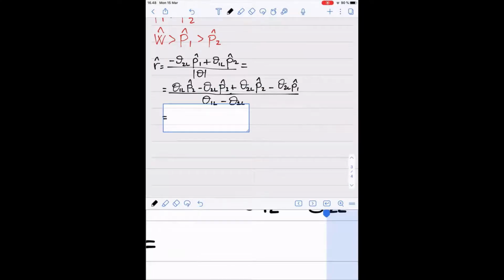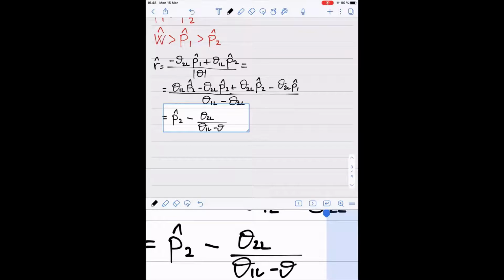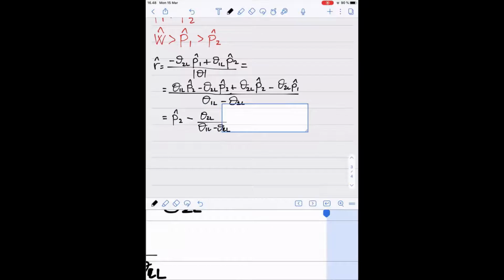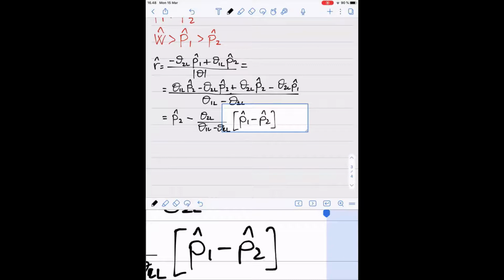So what we get is that p hat 2 minus theta 2L over the determinant theta 1L minus theta 2L, which is positive, times p hat 1 minus p hat 2, right?